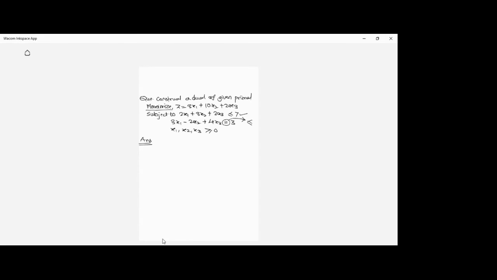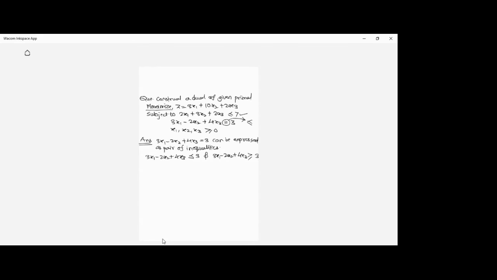Now 3x1 minus 2x2 plus 4x3 equal to 3 can be expressed as a pair of inequalities. So what will be that pair? First, 3x1 minus 2x2 plus 4x3 less than or equal to 3, and 3x1 minus 2x2 plus 4x3 greater than or equal to 3.